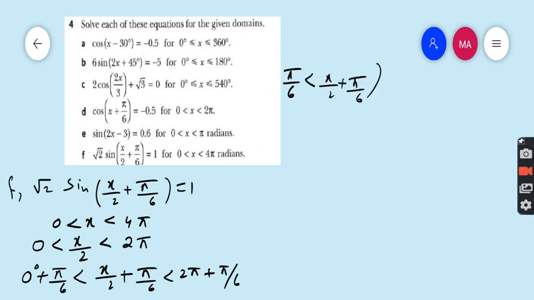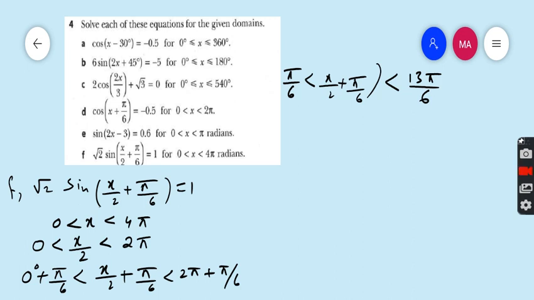This is x. And 2 pi plus pi by 6: 6 twos are 12, 12 plus 1 is 13, so 13 pi by 6. So our domain is converted to from pi by 6 to 13 pi by 6.